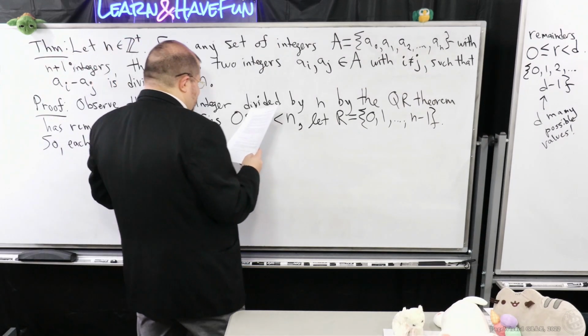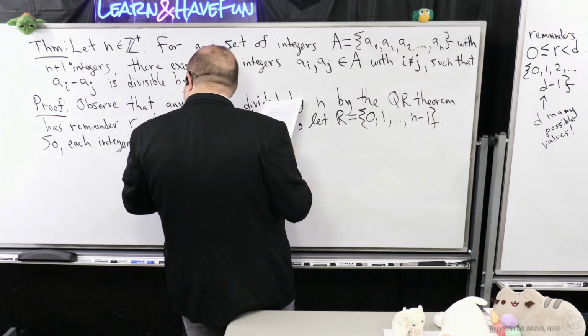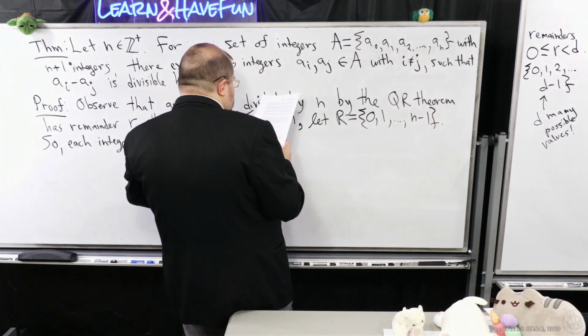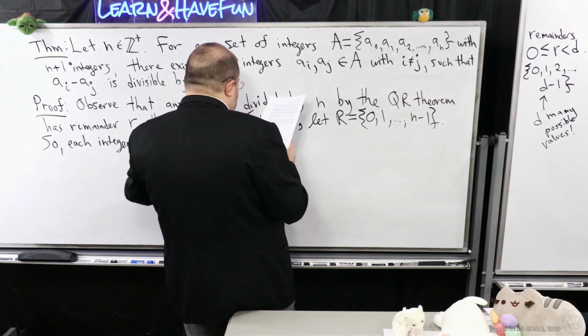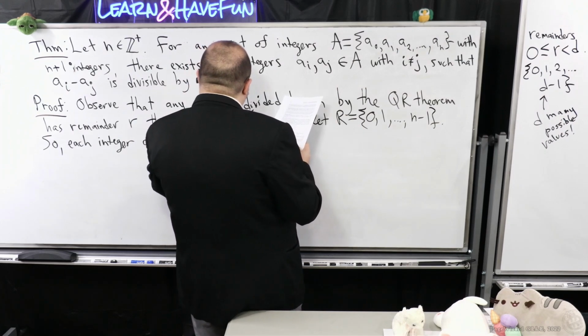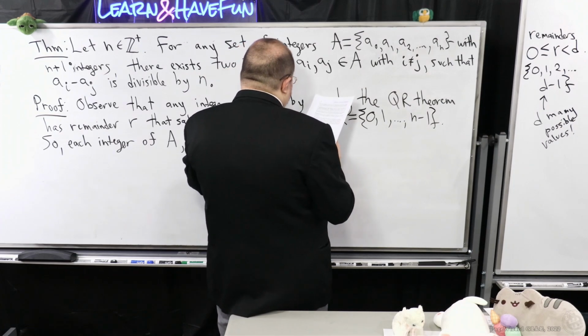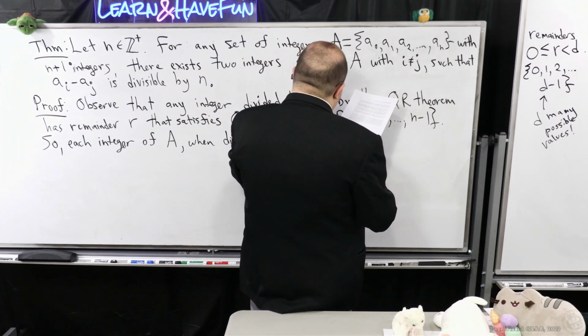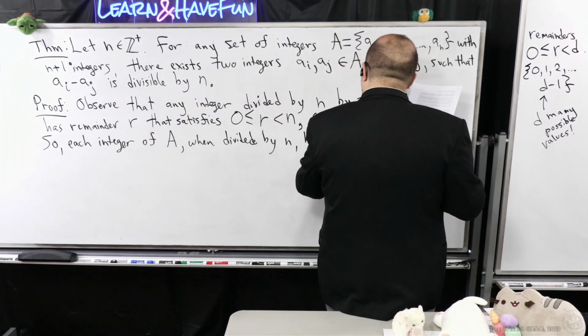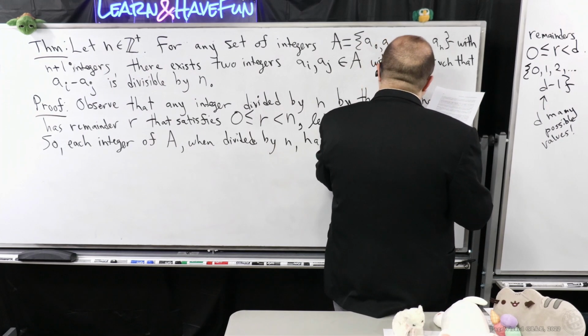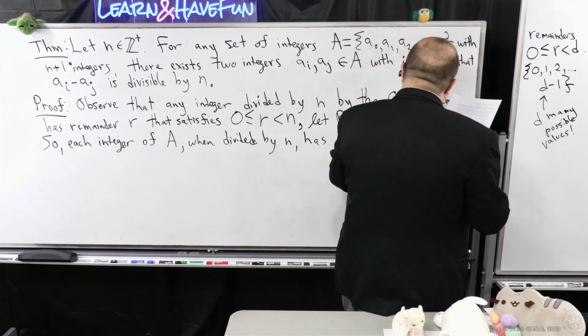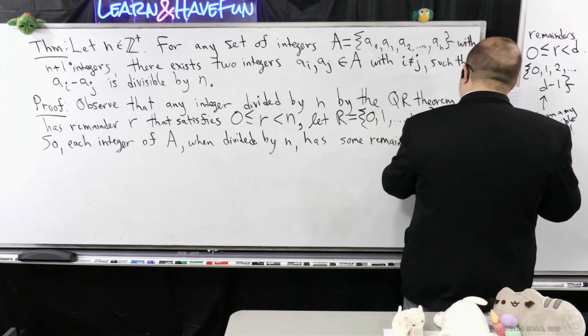So just watch. Each integer of A, when divided by n, has some remainder in R.